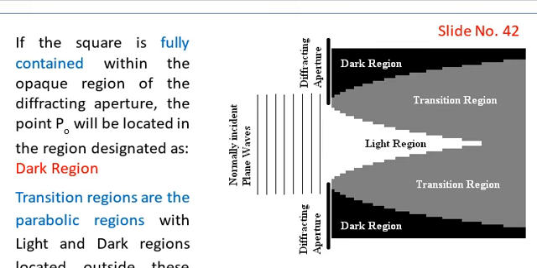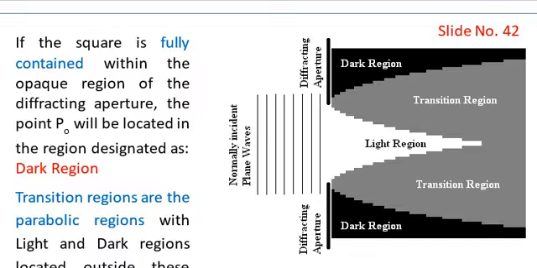For example, in this figure, if the square is contained fully within the clear aperture, we are in the light region. But if you go away from the z-axis, which passes through the center of this figure, you may fall in the transition region.